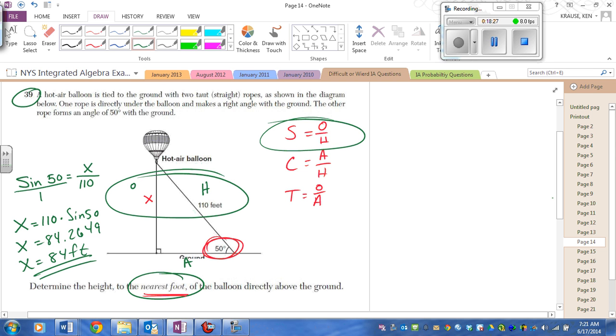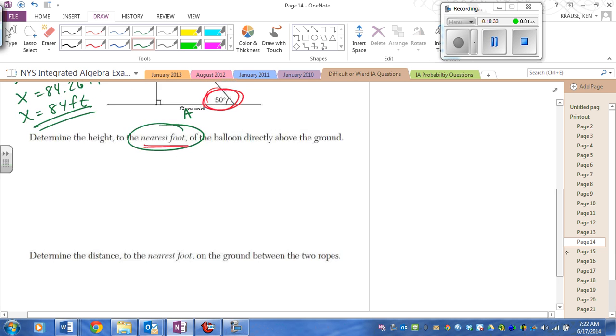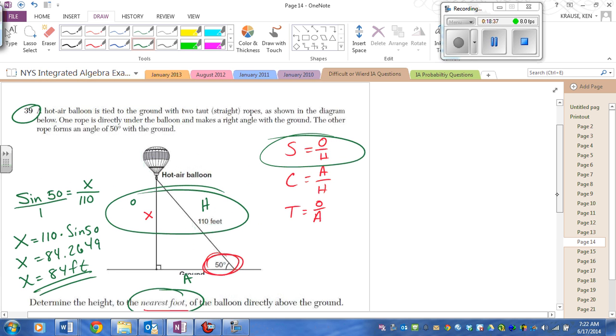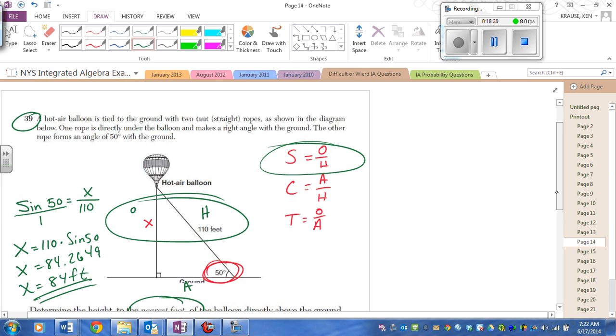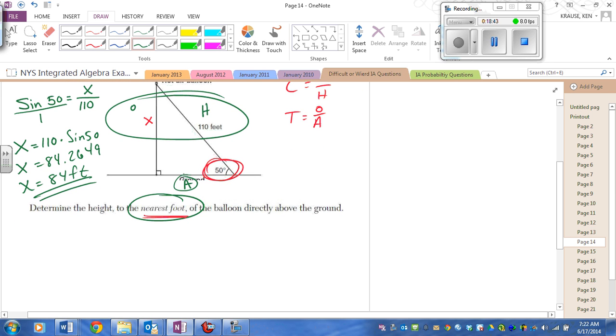It's got to be more of this problem than this. It's the ground, the ground between the 2 ropes. Okay, so this is the ground over here. So now we're looking for adjacent.